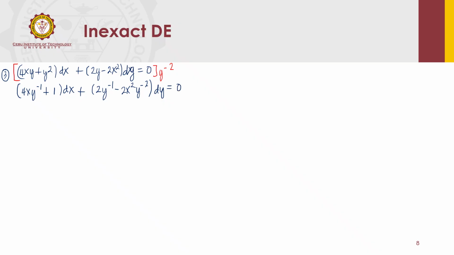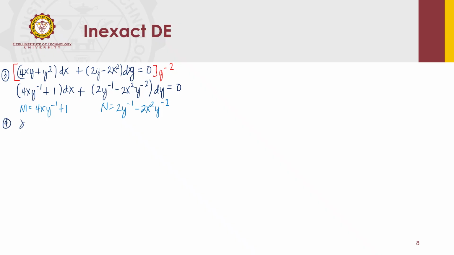So we now have a new M, the integrating factor times the original M, and we use the same letter. This is the new M that we're going to test if it's an exact differential equation. And N is 2y to the negative 1 minus 2x squared y to the negative 2.